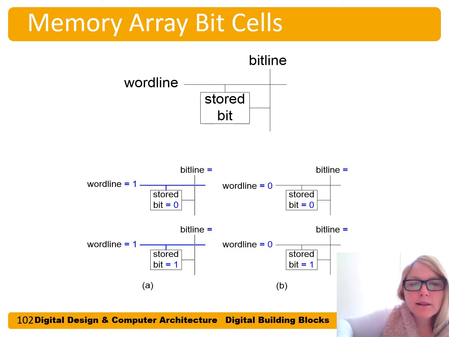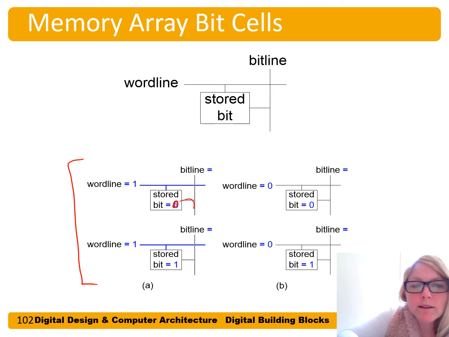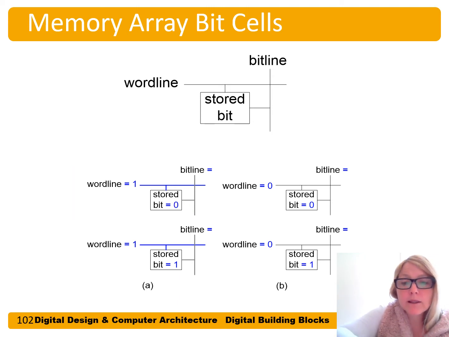Let's say, for example, in the cases on the left, we have the word line equal to 1, so that means those bit cells are enabled. If what's stored in that bit is a 0, then because our word line is 1, that 0 can go out onto the bit line and makes the bit line 0.